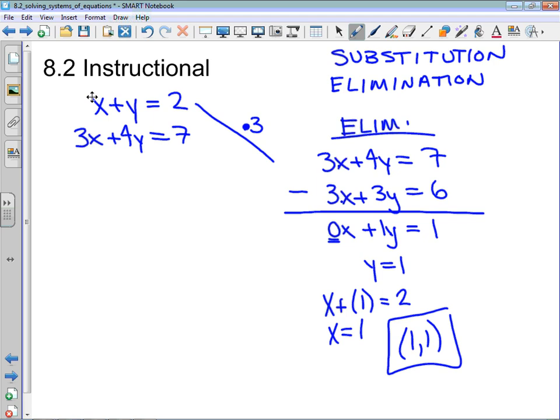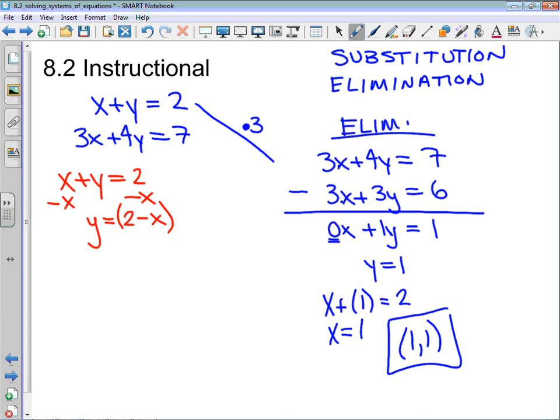The other technique is substitution, and I'll probably use that one more because it's kind of my personal favorite. The way that we need to do that is we need to isolate a variable. It does not matter which equation you use, but use the easier one. So if I subtract x from both sides, I get that y is equal to 2 minus x. Now, what that means is that this expression 2 minus x, I can substitute it, that's the name, anywhere that I see y.